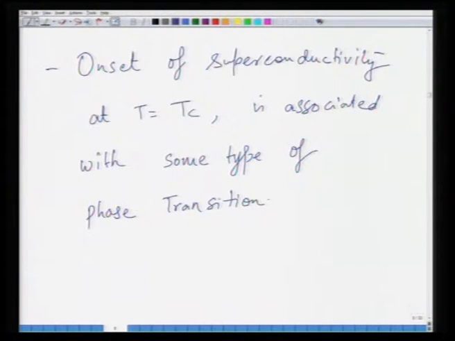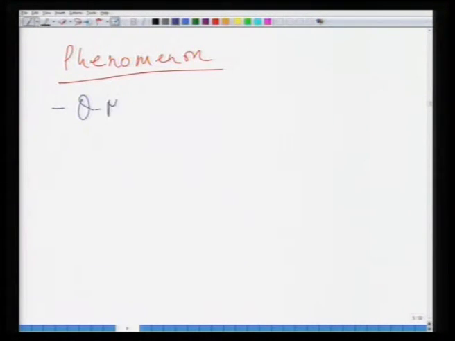Now superconductivity as a phenomenon is purely quantum mechanical, and just like magnetism and many other modern topics in physics, it cannot be explained by classical mechanics, and for some time there was no theory to explain superconductivity.